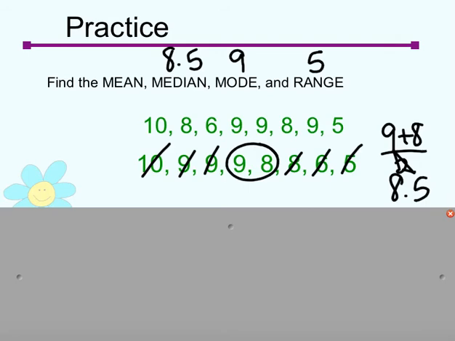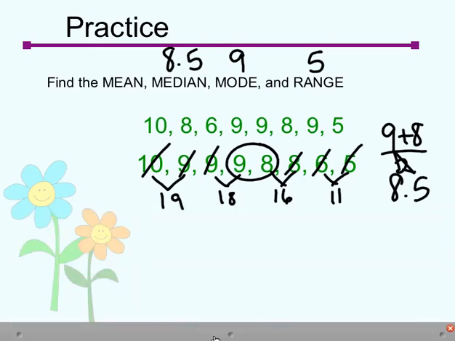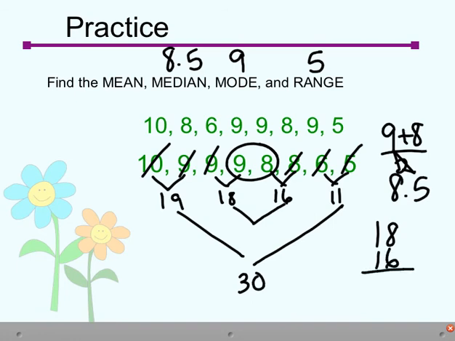And lastly, the hardest one, let's find the mean. I'm going to pair these up. In those two we get 19, here we get 18, here we get 16, and here we get 11. Let's pair them up again. Let's pair up 19 and 11, since those give us a whole number of 30. 18 and 16 gives us 34.